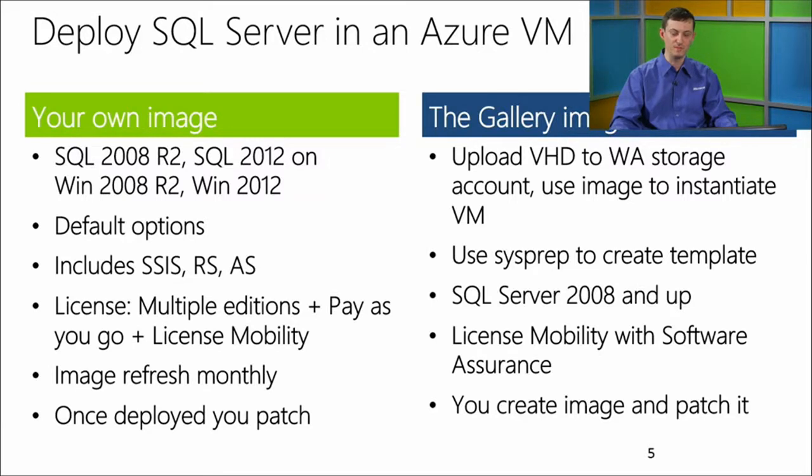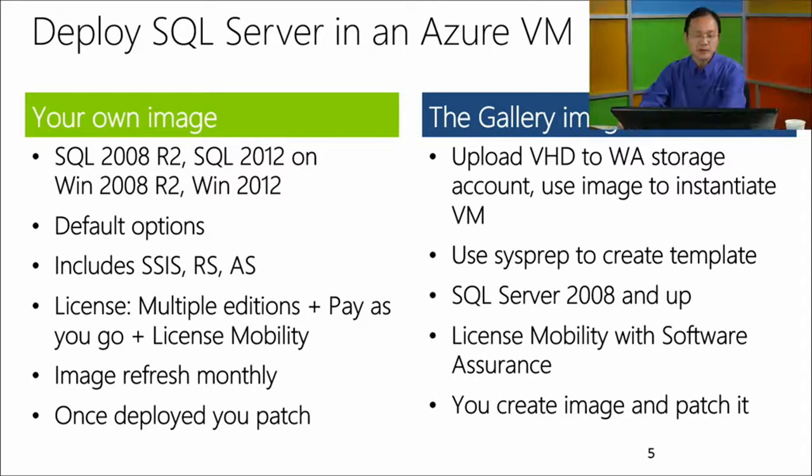After running sysprep, you upload it like you did for an individual VM. When uploading, you choose that you're not uploading a VM image, you're uploading a gallery image. That will appear in your personal gallery, and you can create multiple virtual machines from that. Those are the two choices.